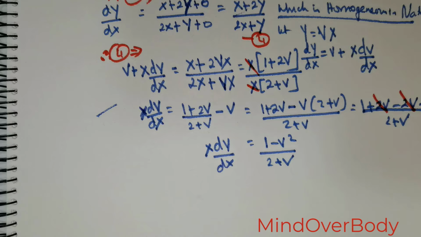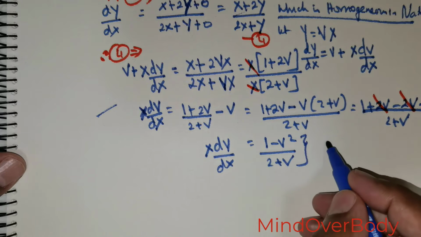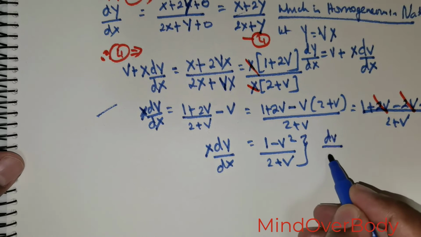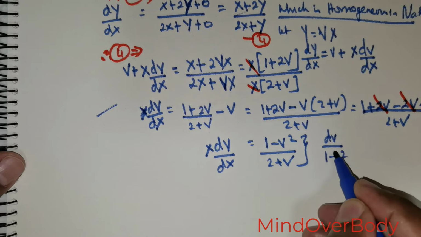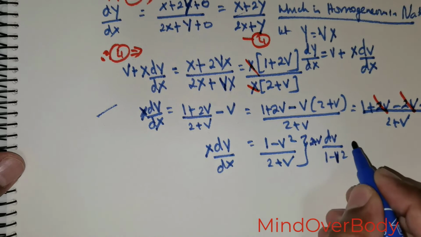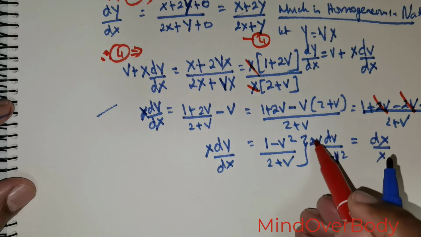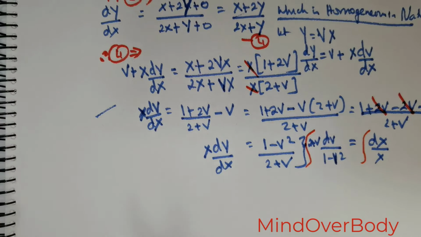Now we can always use variable separable, so I'm going to do that here. So this is going to be dv over 1 minus v squared, and I can push this, so it's going to be 2 plus v, is equal to dx over x. So I can integrate both sides.